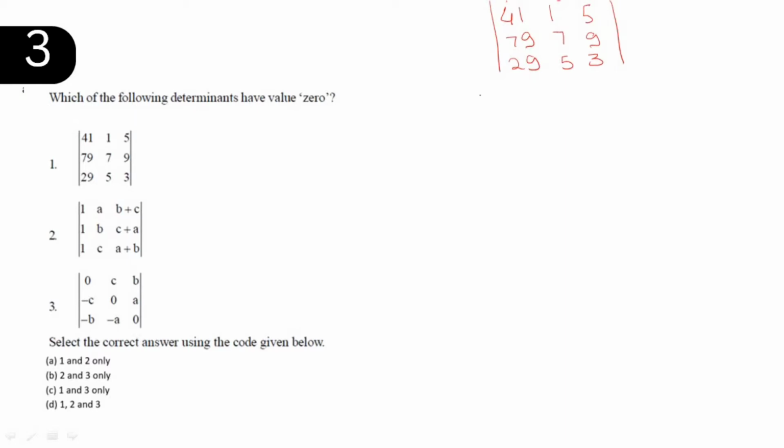What we can do is apply C1 to C1 minus 8 C3. Look what I am doing: C1 minus 8 times C3. What will come? In place of 41, it will come 41 minus 8 into 5, which is equal to 1.